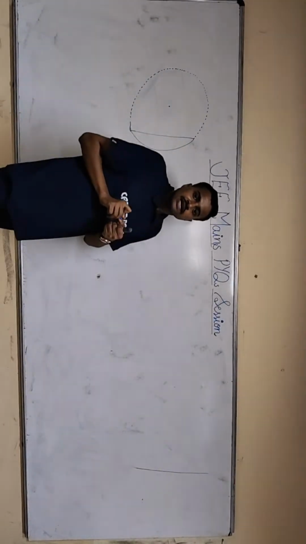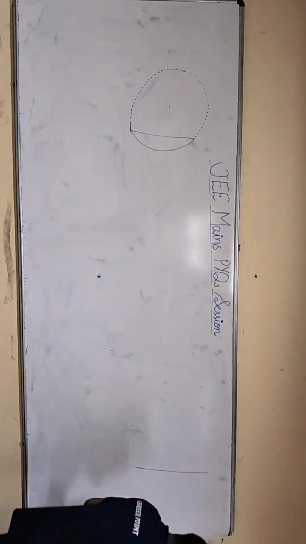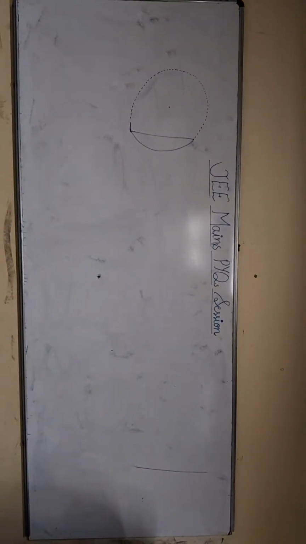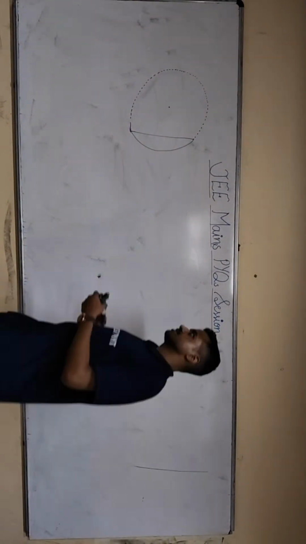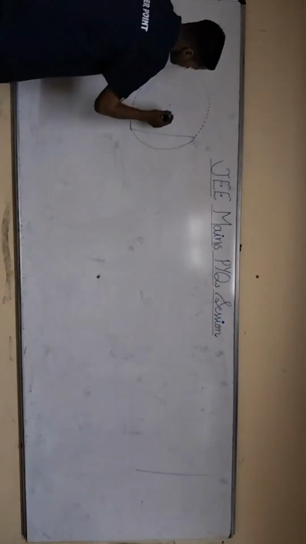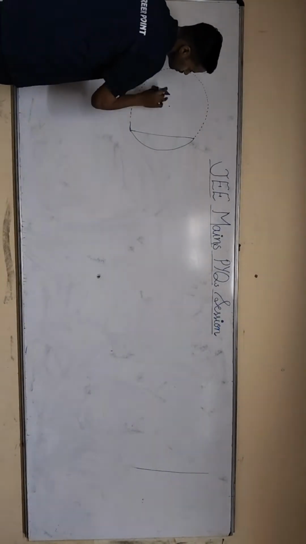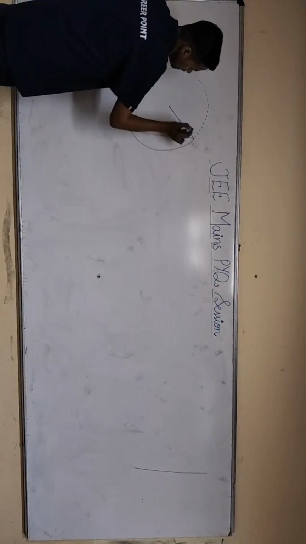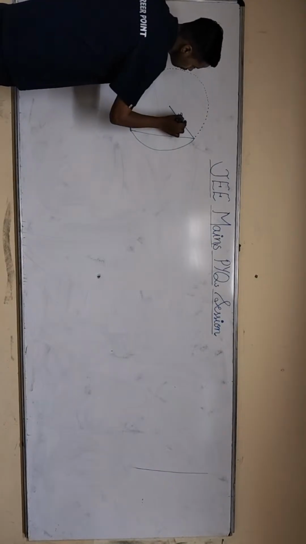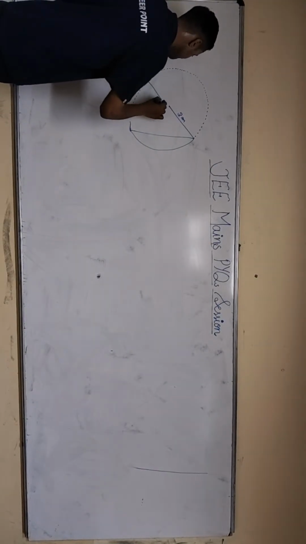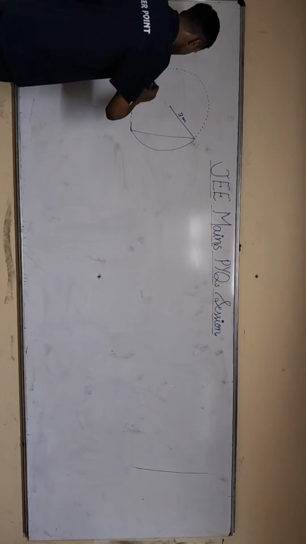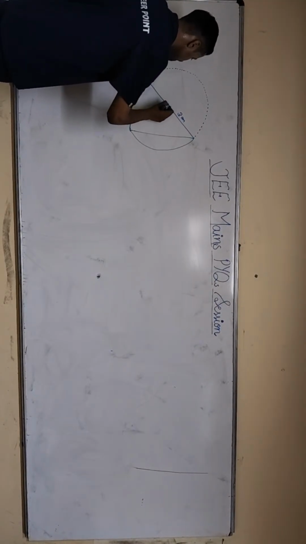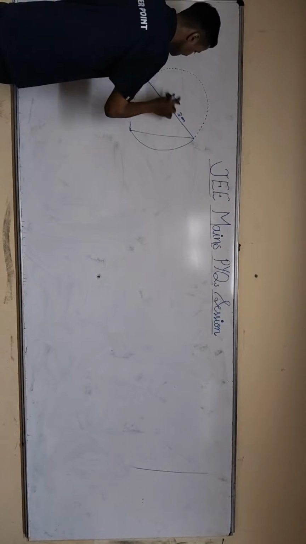And you know very well the diameter. In the question, the data given is the diameter of the plano convex lens. Let's suppose this is around 3 centimeters, because this is half the diameter.